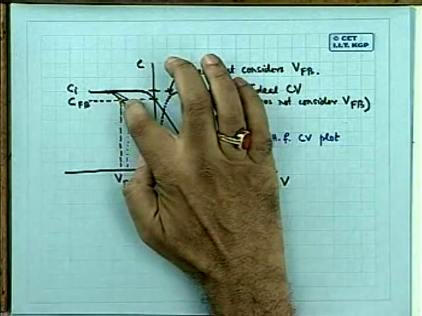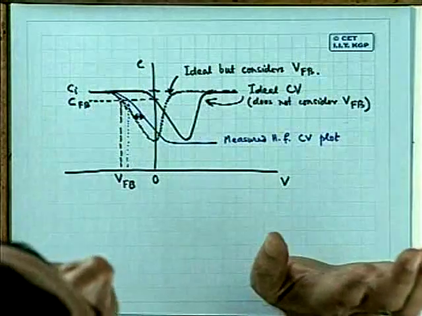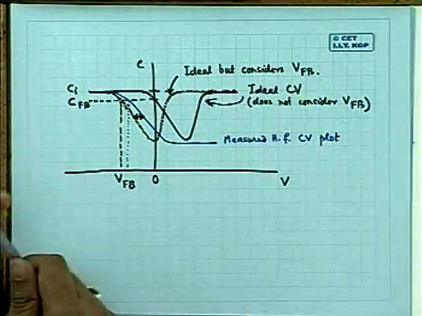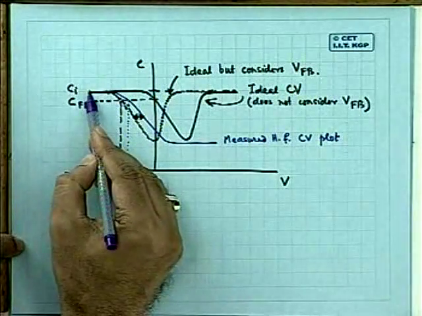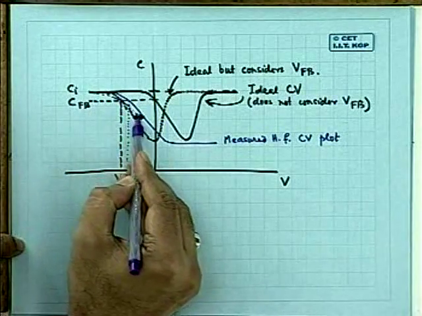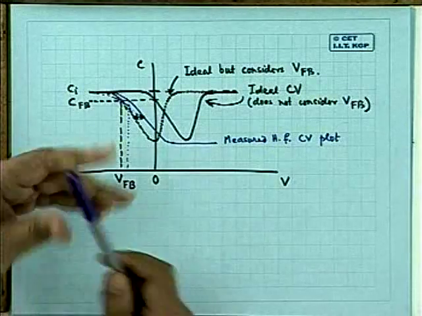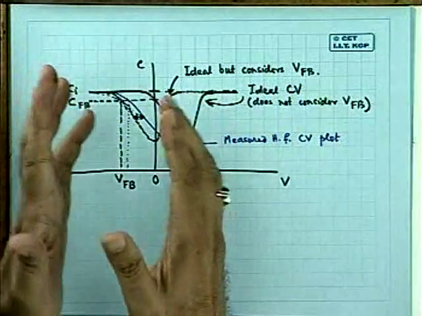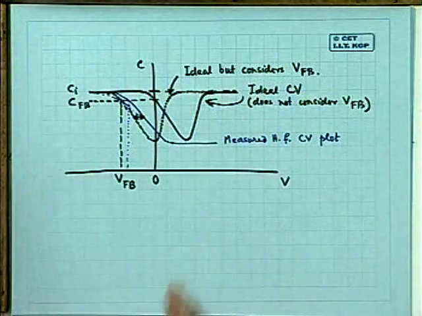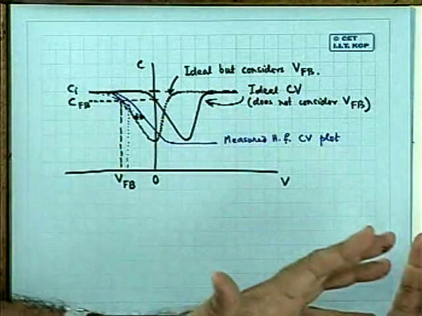But here, I have shown it separately. Actually, what should I have done? I should have assumed the same value of VFB for both the curves, which I have not done here. As a result, what is done actually, we assume stretching is taking place like this. Do you follow? But here, because I explained first VFB, shifted the curve, and then brought in the case of QIT. But actually CV is obtained from measurement only, and otherwise there is no way of finding VFB.